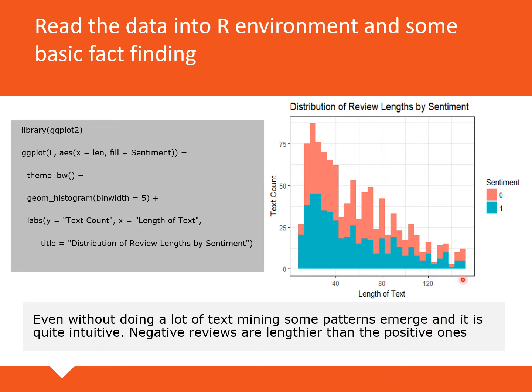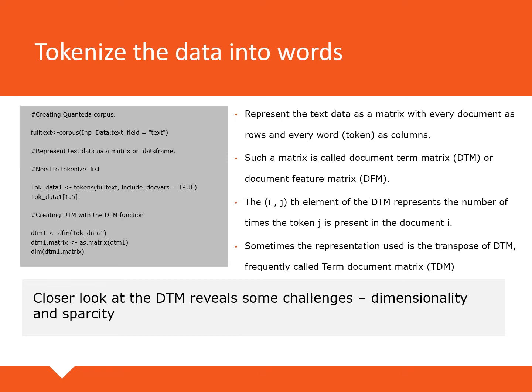Okay, so till now we have just done tokenization and we have achieved this visualization and some very intuitive insight. Now, this is another snippet of code which gives us the document term matrix or the document feature matrix. It calculates that. We will do the hands-on with this as well in the next video.